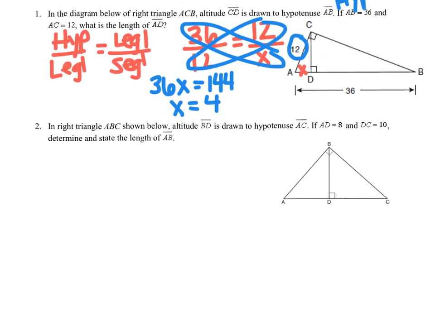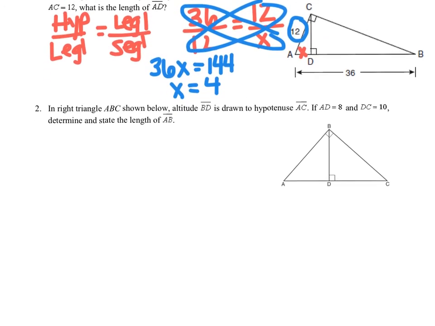So for number 2, in right triangle ABC shown below, we have an altitude BD, which we have to have for these problems to create the two similar triangles. But again, we're not going to have a side length for that altitude. So the altitude is drawn to hypotenuse AC. If AD is 8 and DC is 10, determine and state the length of AB.